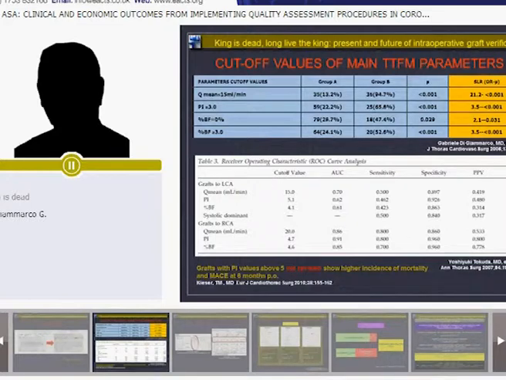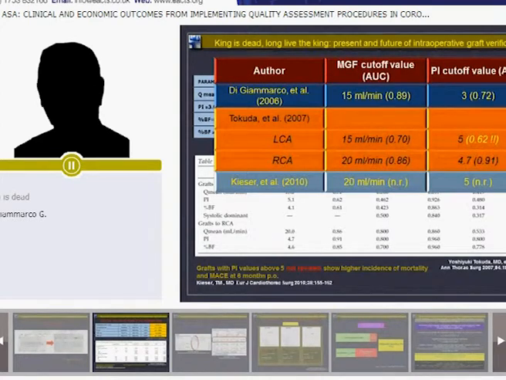And if you have a look at this small table, there is a paper published by Tokuda in which there's even a difference between the left territory and the right territory. It is important to notice that 2 of those 3 papers report an ROC analysis.